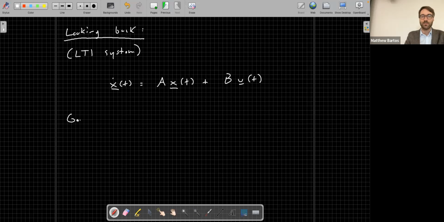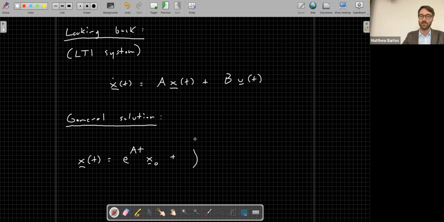It turns out that the general solution to this system is the following equation, which is going to look familiar to you. Let's say we want the general solution to this LTI system. It is given by x of t is equal to e to the At times x naught, our initial condition, plus the integral from 0 to t, and you can probably see where this is going, of e to the A (t minus tau) B u of tau d tau.